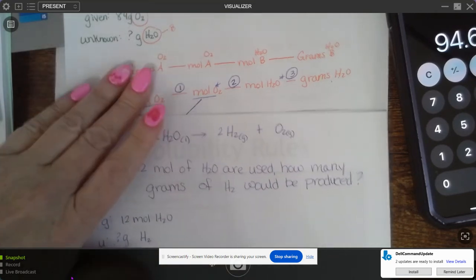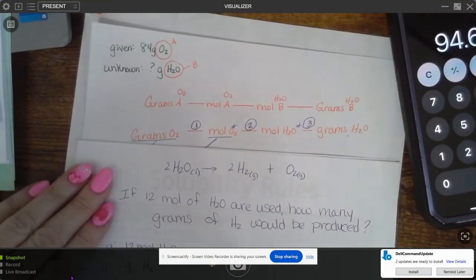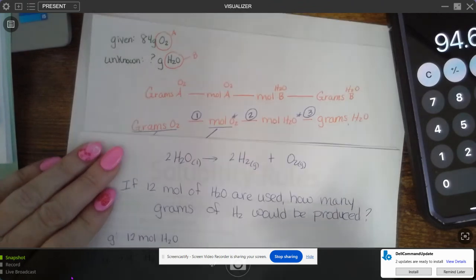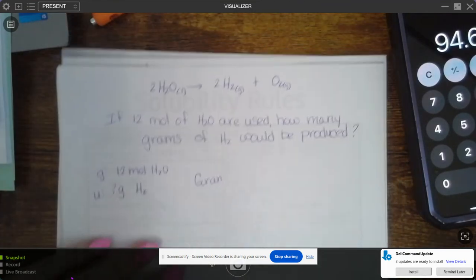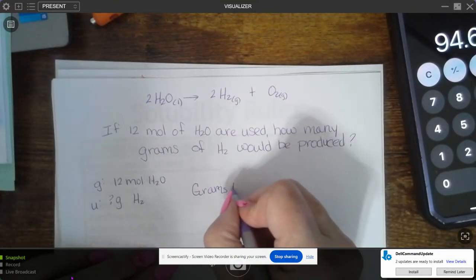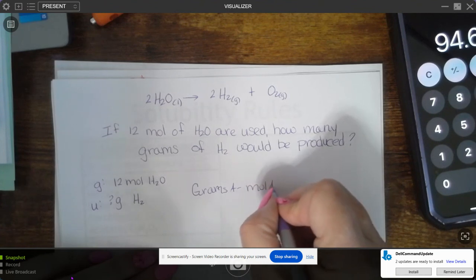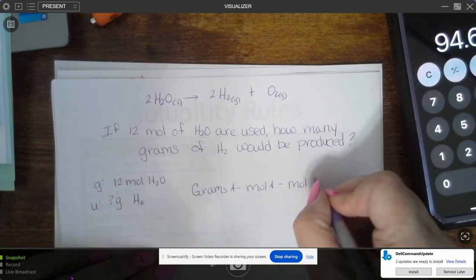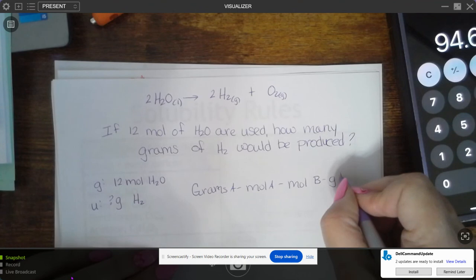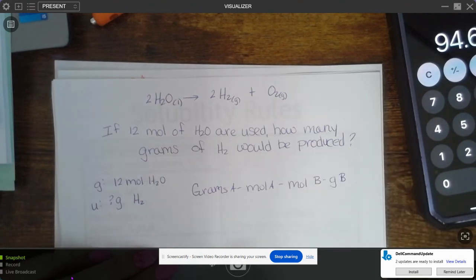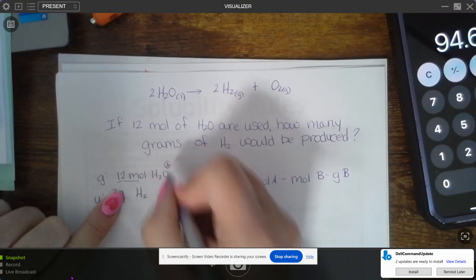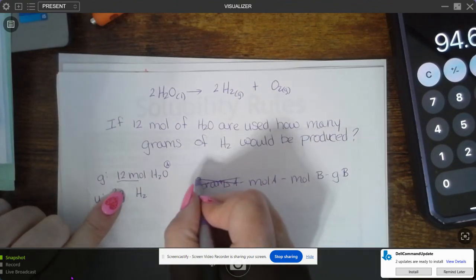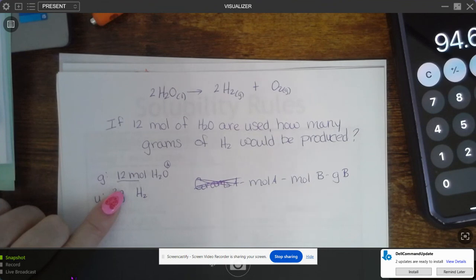Okay, now I want you to look at this mole map that I have. I'm going to write it again just because I want you to see. So I'm going to cover that up. So grams of A, moles of A, moles of B, grams of B. Now if you look, I am starting with moles of A. So I do not need grams of A. I don't need that first step.